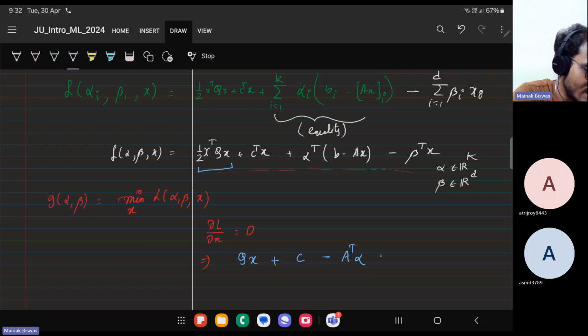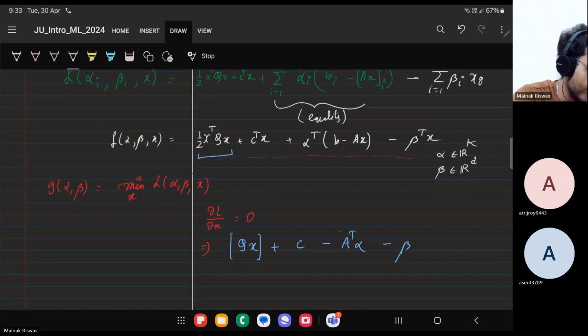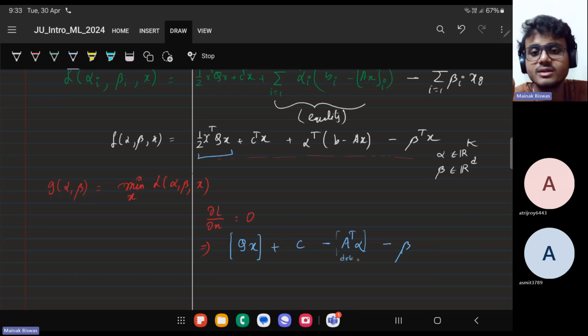And the derivative of B transpose X, which is beta, right? So A transpose alpha, alpha is K dimensional, A transpose is D cross K, so it's D dimensional. Is it okay? Everyone clear?